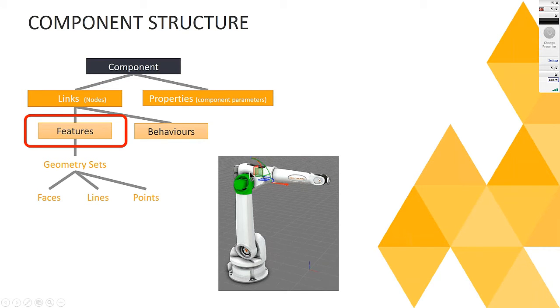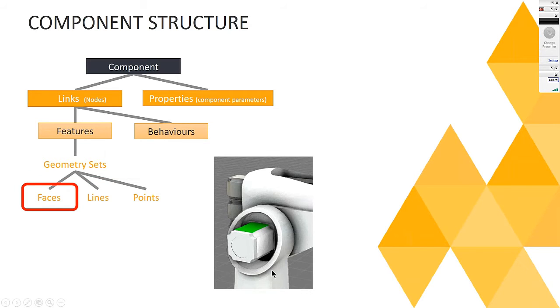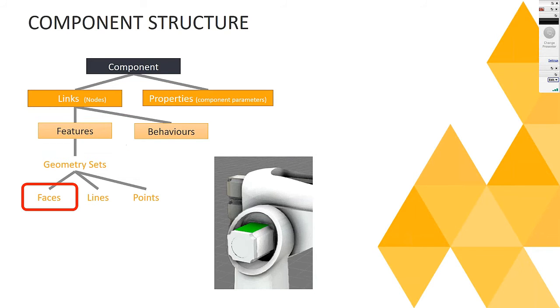This one feature can still be separated in smaller parts called geometry sets. So for example, the main body of that motor is one geometry set, and that main body again can have, for example, lots of faces. So this is the basic structure of a visual component.